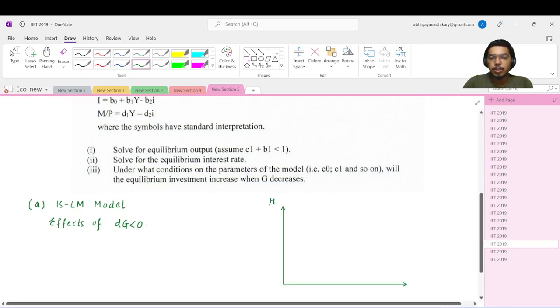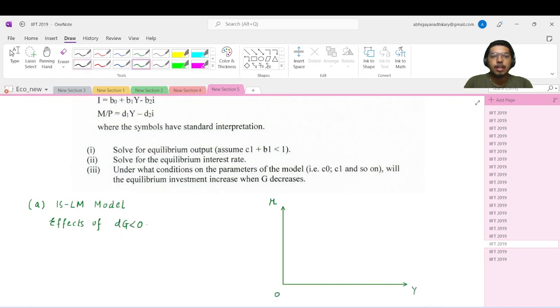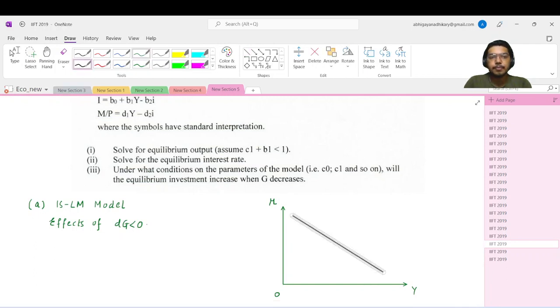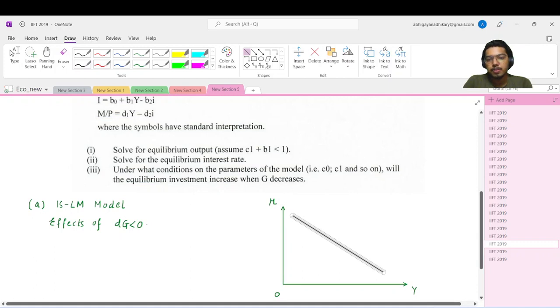So R on the vertical axis, Y on the horizontal axis, negatively sloped IS initially, positively sloped LM. So this is your LM and this is your IS.